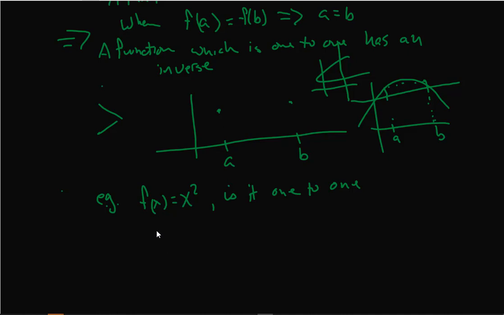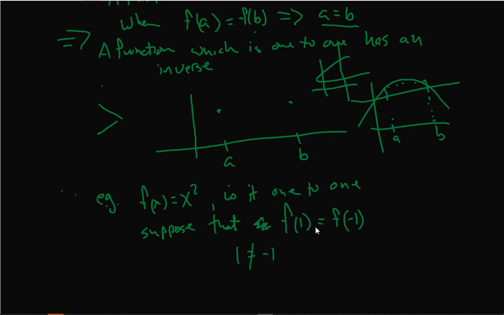So what do we have to test? For example, is f of 1 equal to f of negative 1? Because, of course, 1 is not equal to negative 1. If f of 1 is equal to f of negative 1, that violates this, because if this is equal to this, then we said they have to be the same.